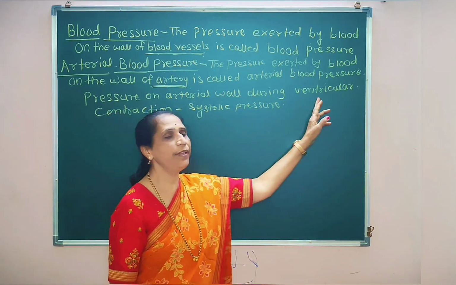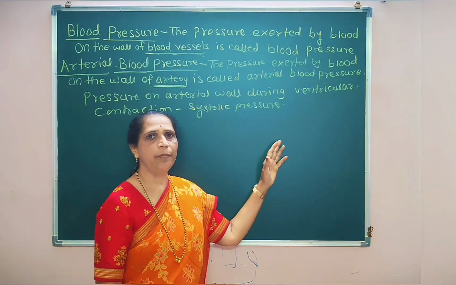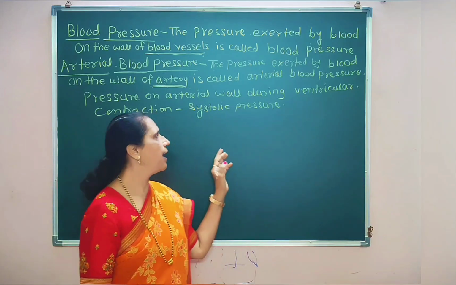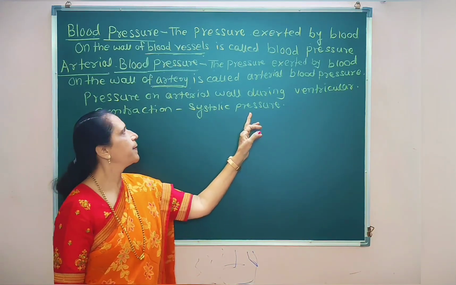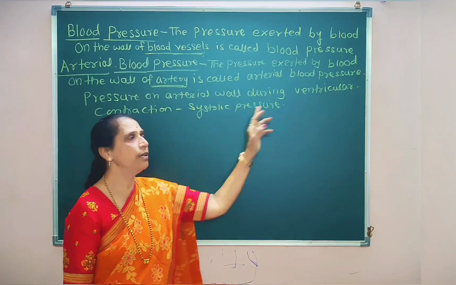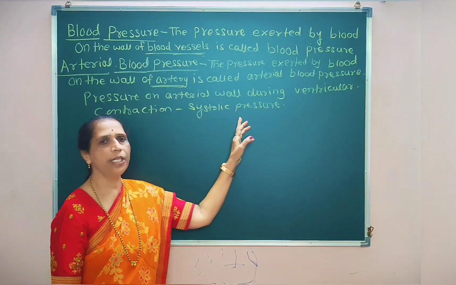When the ventricles contract, the blood forcefully enters into the aorta and this is recorded as systolic pressure. That is the pressure on the arterial wall during ventricular contraction.